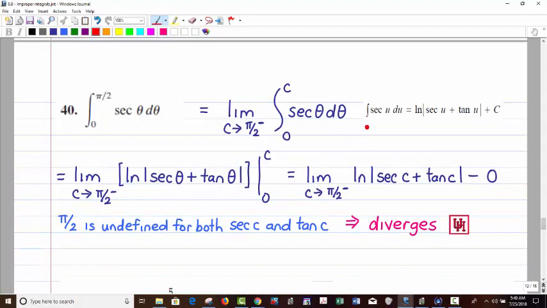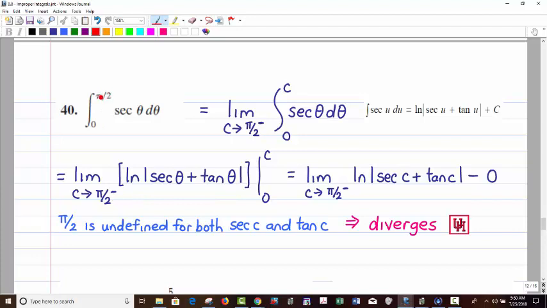Secant, this one really is just an integral rule right here. And there's a discontinuity at pi over 2. That's why this is improper. Secant of pi over 2 is undefined because it's 1 over cosine of pi over 2, which is 1 over 0. So this one you're really doing nothing more than just saying natural log of sec plus tan.